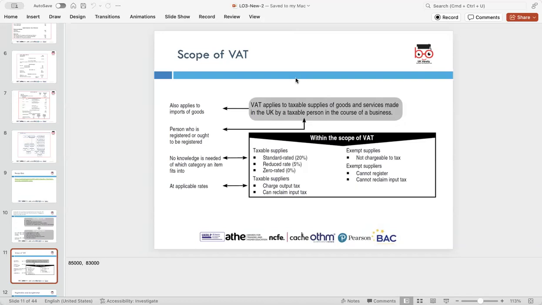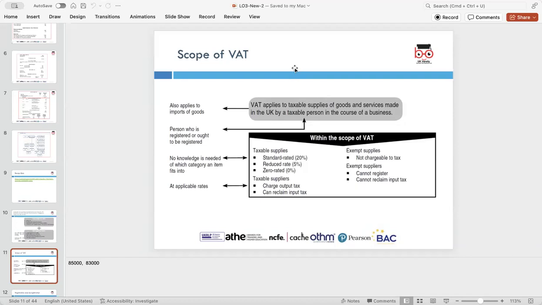Any person who is engaged in a taxable business activity, or who should be registered for VAT, falls within the scope of VAT regulations. One of the key aspects of VAT is its classification of supplies into different categories, each with its own VAT rate.